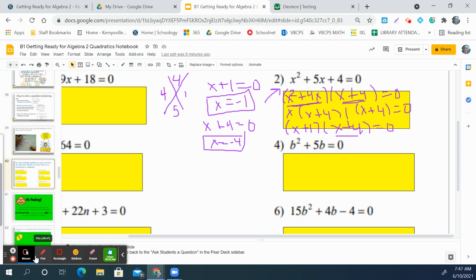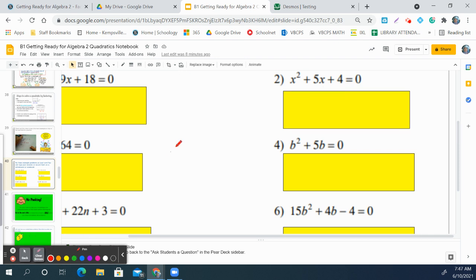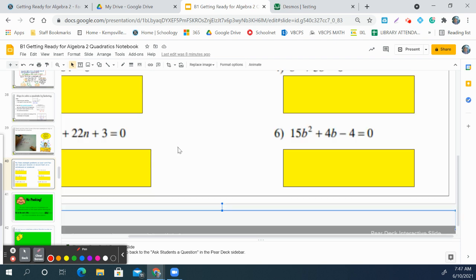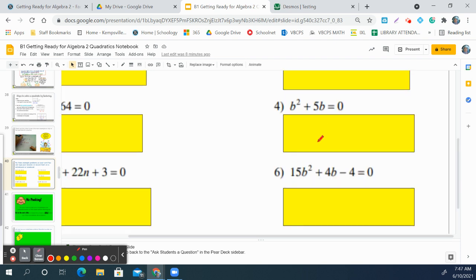All right, number 4. Does it have a greatest common factor? B. So if I take out a b, I end up with b plus 5 equals 0. So this is different.